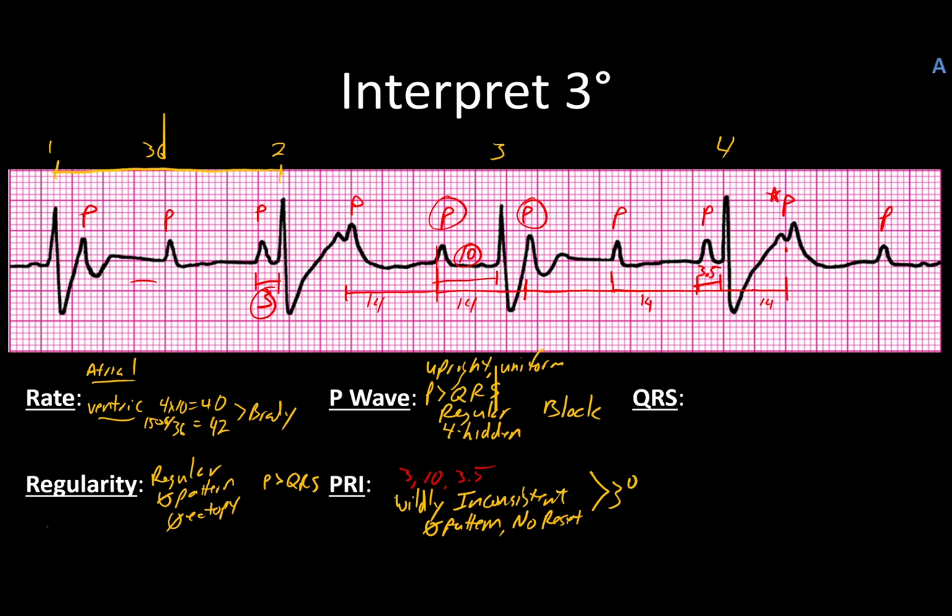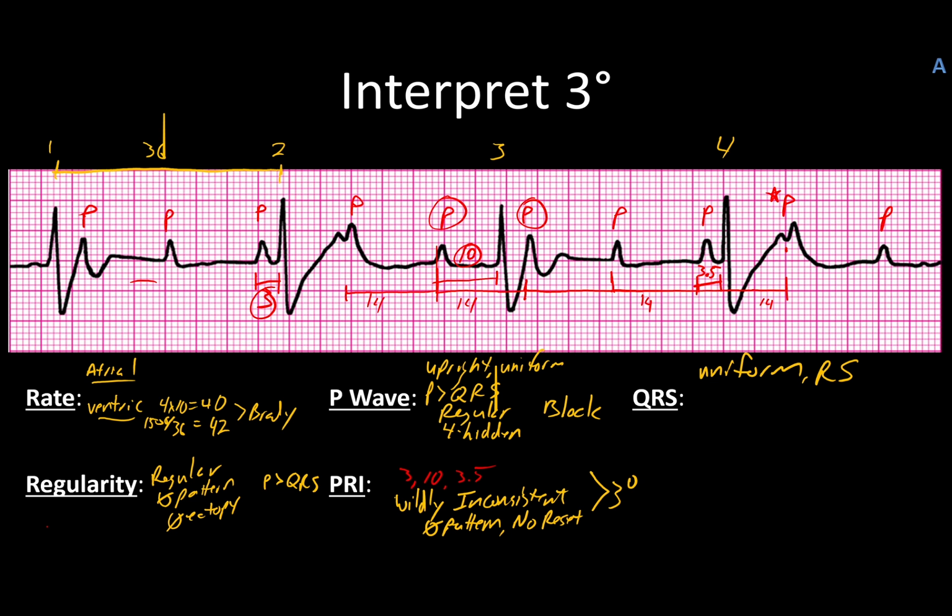Third degree. Our QRSs, however, are uniform. They're uniform. It looks like we just have an RS pattern for those. In terms of measuring the QRS, this is a little bit challenging, but we're going to have to go again with those rules about using the tip of the S wave as our J point.